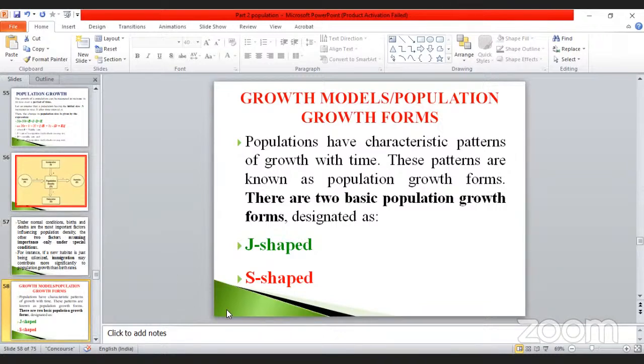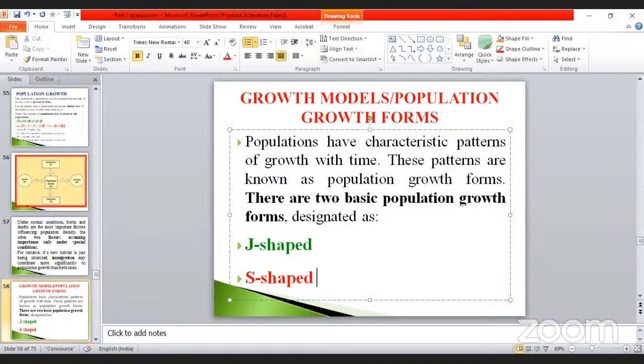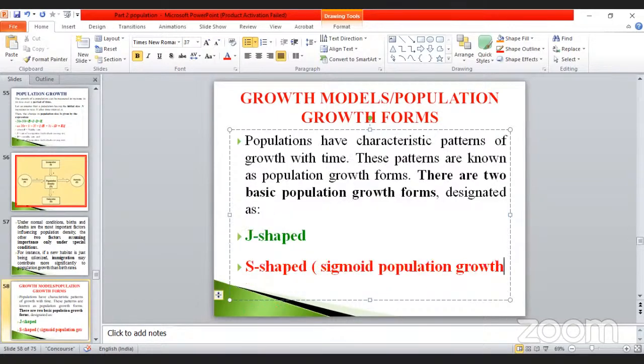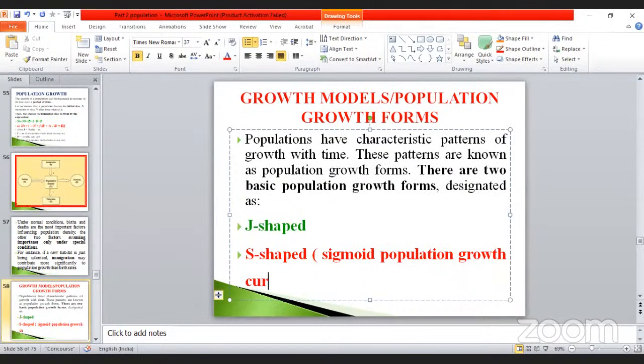One is called J-shaped, another one is called sigmoid. These two are very, very important.